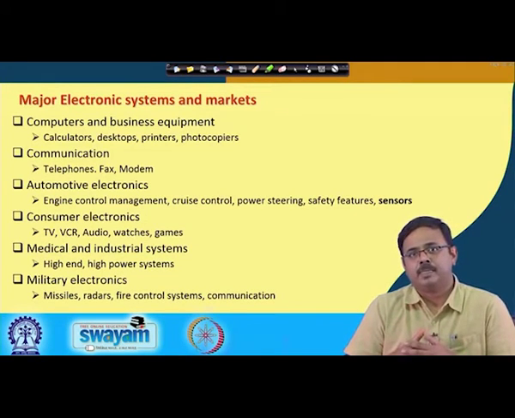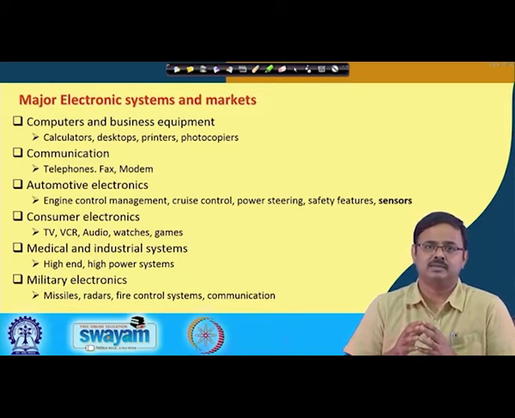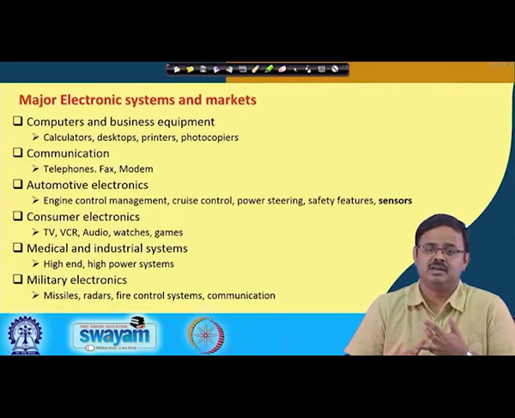Automotive electronics. You will be surprised at how much electronics there is in an automobile. There are thousands of sensors in an automobile. Your temperature sensor, your fuel sensor, your RPM meter, these are all electronic devices today.